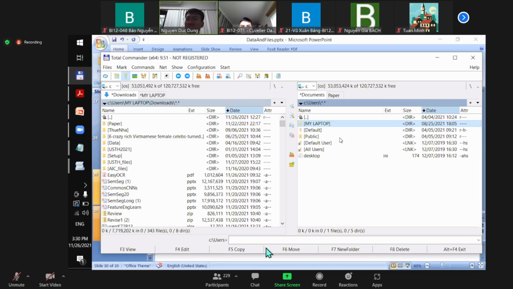Another person could not access your folder. This is the user permission for accessing some specific location or specific folders on your computer. So try to do the same thing with your cloud drive. For example, try to share your folders in your cloud drive with your friends with different types of permission.